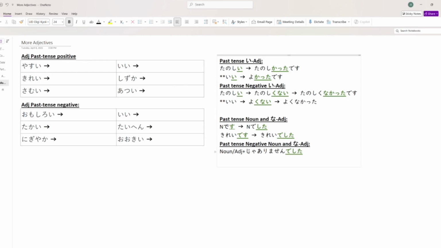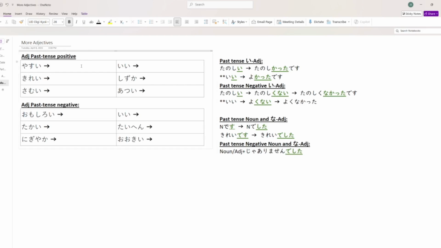And then on negative past tense, for nouns and na adjectives, it's just the same. We just add deshita, because negative form is just janai, or jarimasen, on its own, and we just slap on a deshita. Jarimasen deshita.